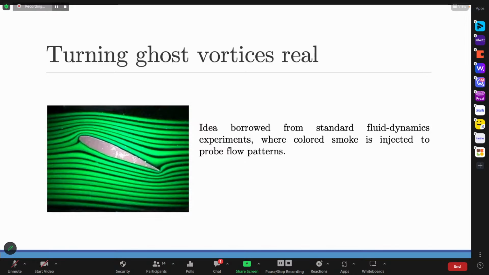The idea is borrowed from standard fluid dynamics experiments where colored smoke is injected to probe hidden or unknown flow patterns. So here we have an airfoil. You inject green smoke and you see the vortex, the flow lines.